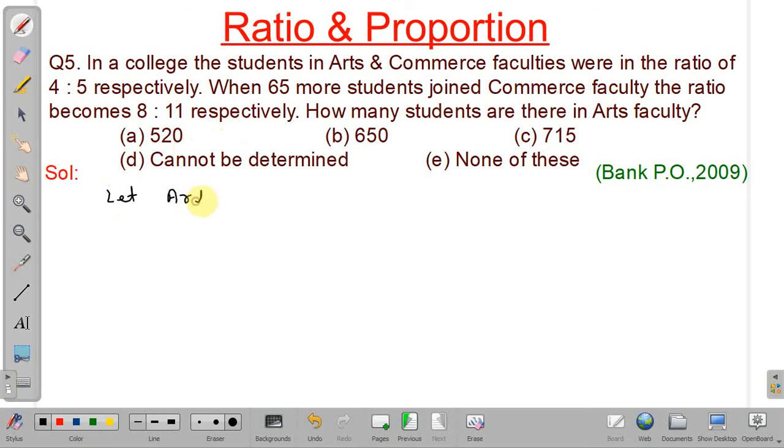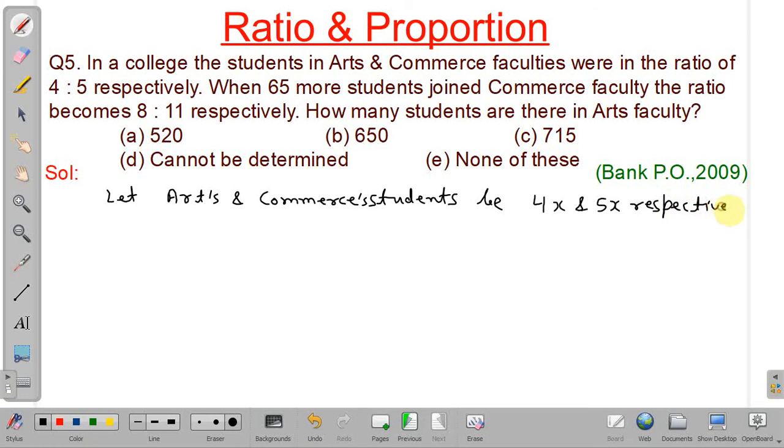Let arts and commerce students be 4x and 5x respectively. Now 65 students will join commerce.